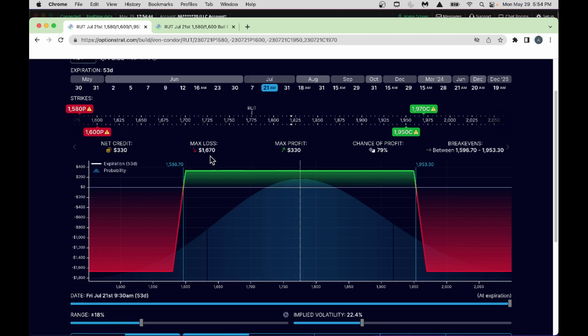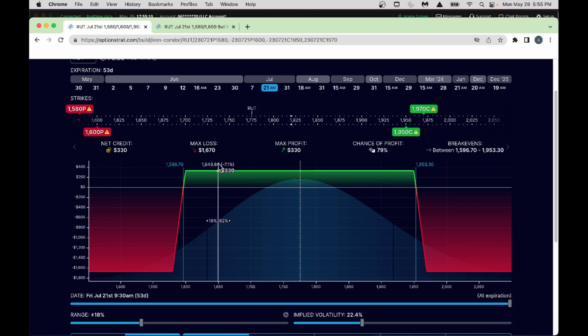But look, your max loss, which is also the same as your margin power required, is the same for just the bull put spread and the iron condor both, or even for the iron condor it's a little bit less because you're collecting the credit from both sides. So it's a $20 wide spread minus your 330 here.